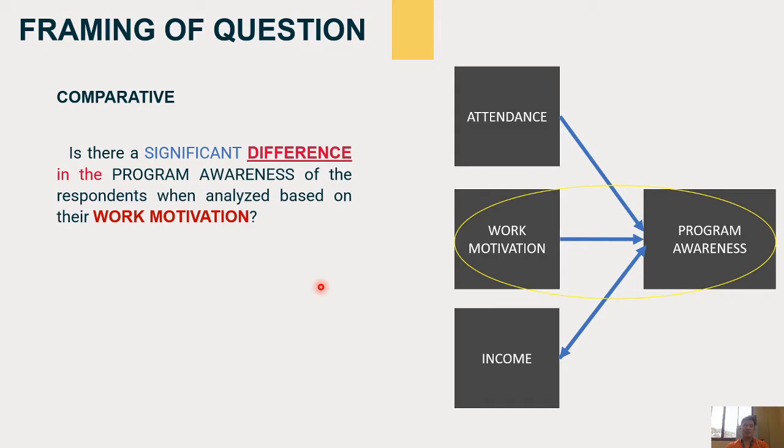As explained earlier, a single-headed arrow could also connote difference. So the framing of the question could be: is there a significant difference in the program awareness of the respondents when analyzed based on their work motivation?